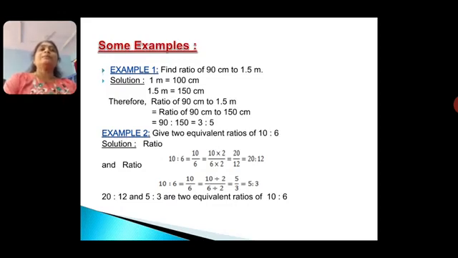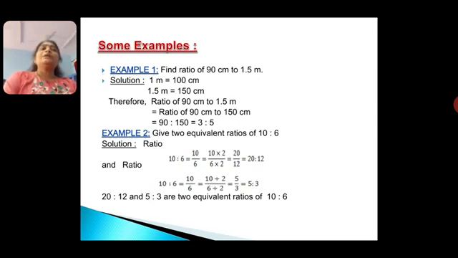Next example. Give two equivalent ratios of 10:6. 10:6 means 10 by 6. If we multiply numerator and denominator by 2, then we get 10 into 2 by 6 into 2 equals 20 by 12. That means 20:12.